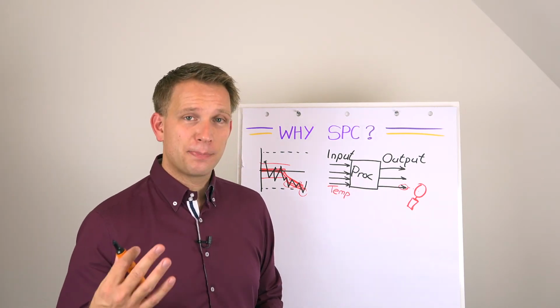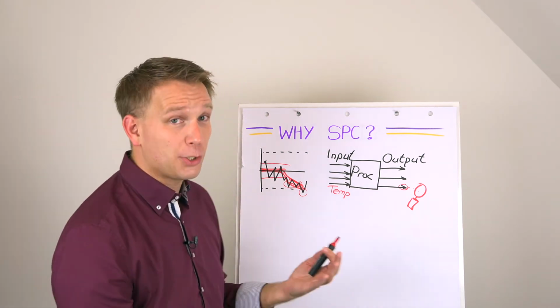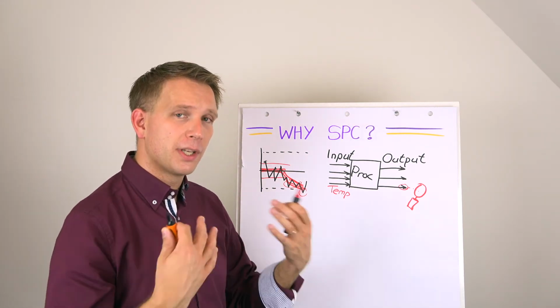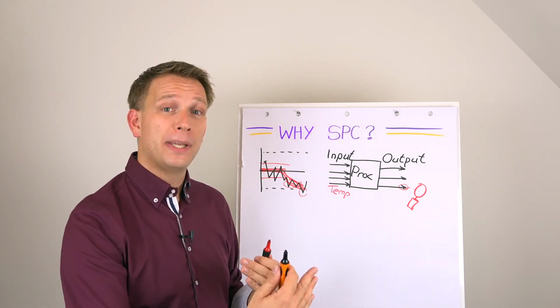Because you will see this, especially in factories, where you have a number of processing steps, and this is quite common. Our manufacturing lines often have a number of steps in them, and sometimes with quite some time in between.